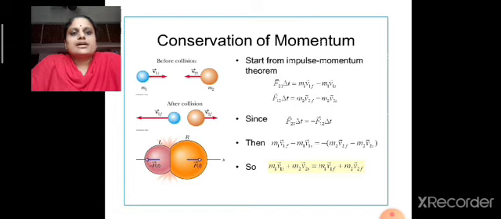If we consider the conservation of momentum in the case of collision of particles, we can see that the total momentum before collision will be equivalent to the total momentum after collision. That is, m1 v1i plus m2 v2i will be equivalent to m1 v1f plus m2 v2f.